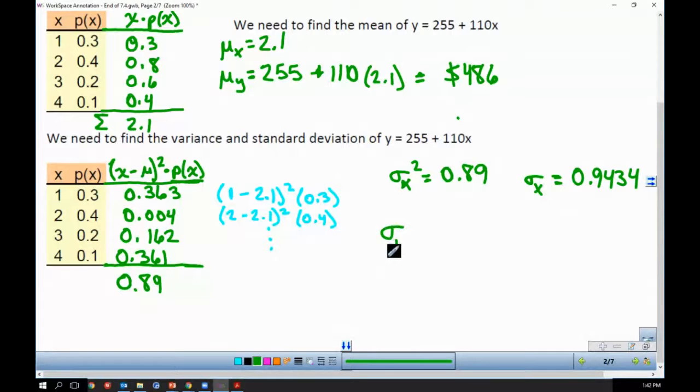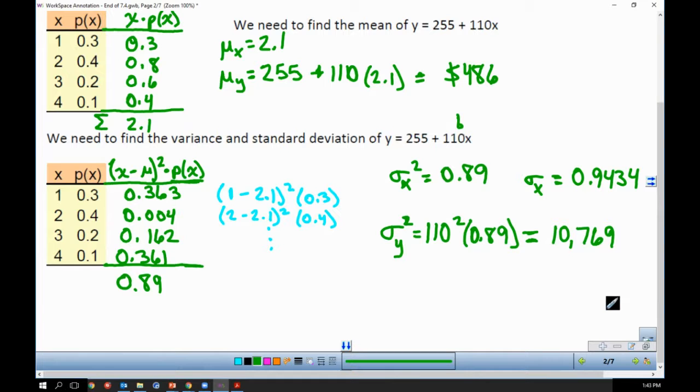So we're going to do, to get the variance of y, b squared. So which one of these is our b? The 110. The 110 squared times .89. What would that get you? $10,769.